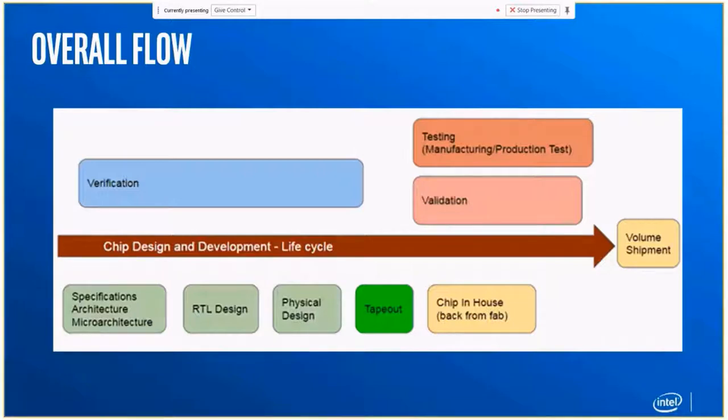Beyond that, there is physical design to figure out how the chip is going to be accommodated in the real estate that we have, what needs to go next to which other block to work most efficiently, and so on. Once that is also done, then we go to the tape out.